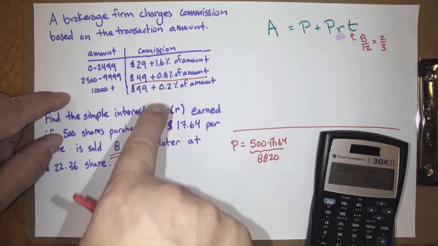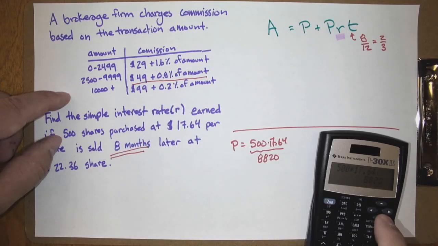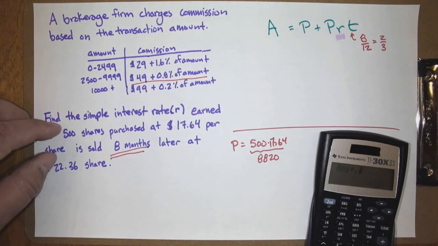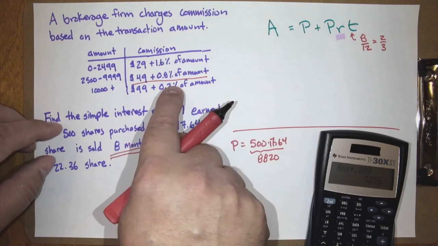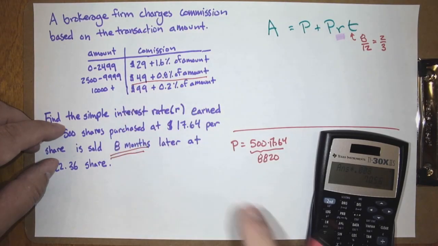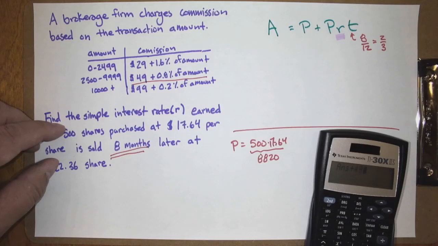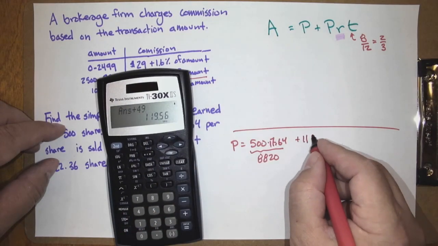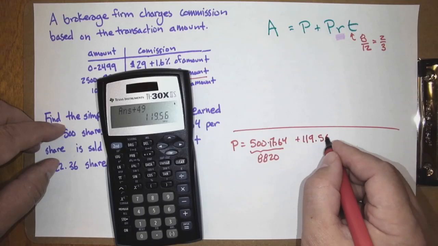So we need to take 0.8% of this amount. To get 0.8%, we multiply by 0.008. Okay, that's $70.56. That's 0.8%. Add 49. That says there's an additional $119.56.